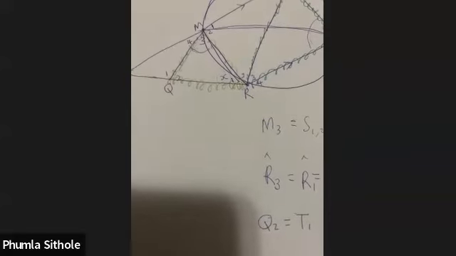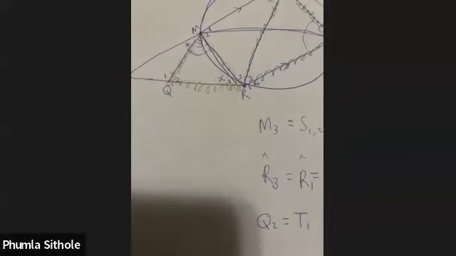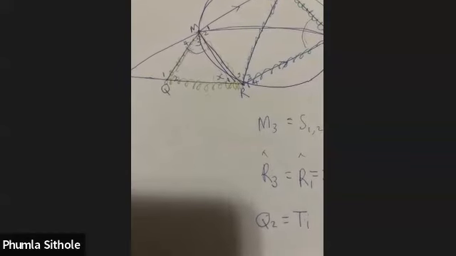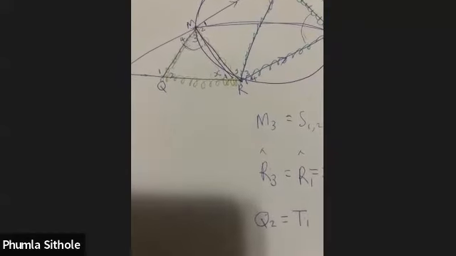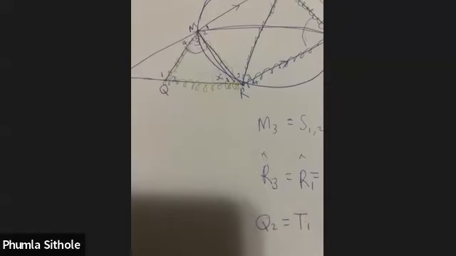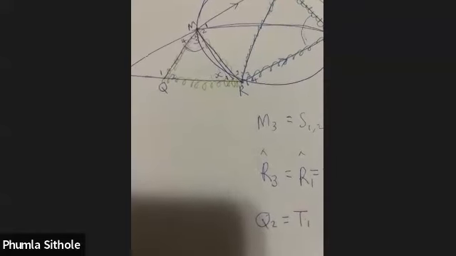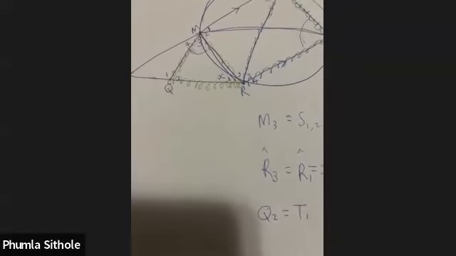Do you understand? Anyone who has a problem? Yes, Life. Therefore, Q2 is equal to T1, angle sum of a triangle. That's the reason. Anyone who has a question or is not understanding what we are doing?